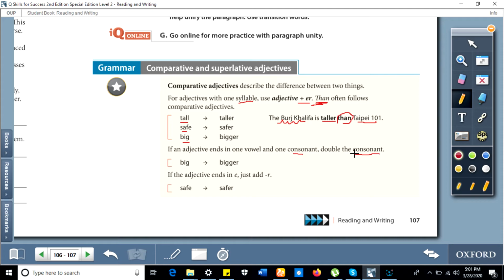Sometimes Y is considered a vowel, but the rest of the letters are all consonants. So here is a vowel, and after that a consonant, so double the consonant here. That's how you make it.